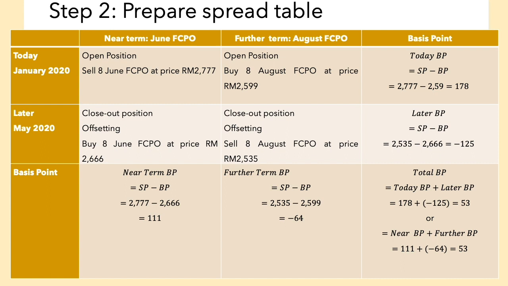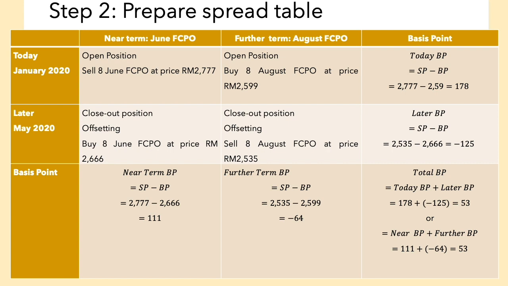Step number 2, you need to prepare your spread table. You have 2 columns here, the near-term futures, which is the June FCPO contract, and the further-term futures, which is the August FCPO contract.